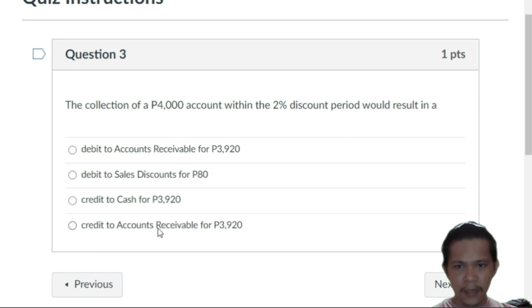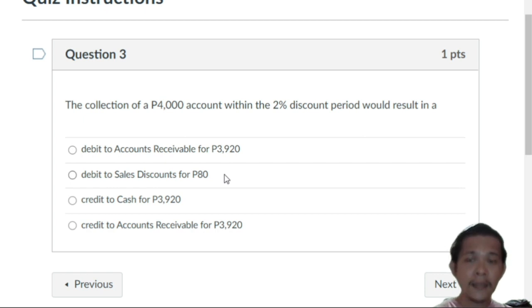Ito, mali na ito na credit to accounts receivable. How much more itong debit to accounts receivable for 3,920. Ang matitira na lang sa'yo ay etong dalawa. Now, nakapag-avail ng 2% kasi binayaran within the discount period, i-compute lang natin yung discount, no? 4,000 times 2%, the answer is 80.